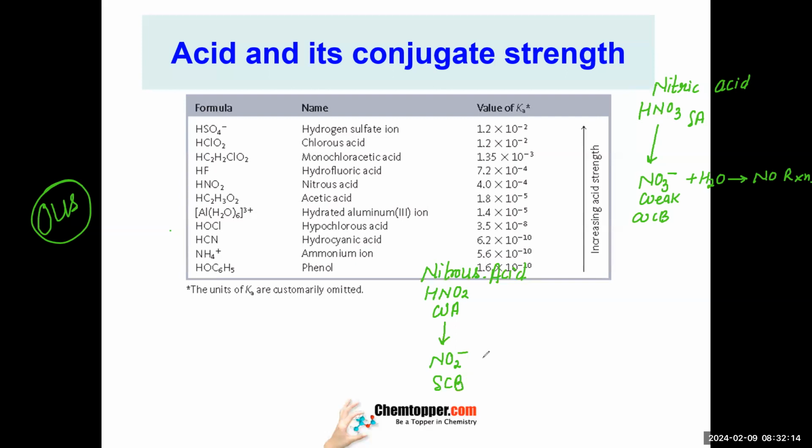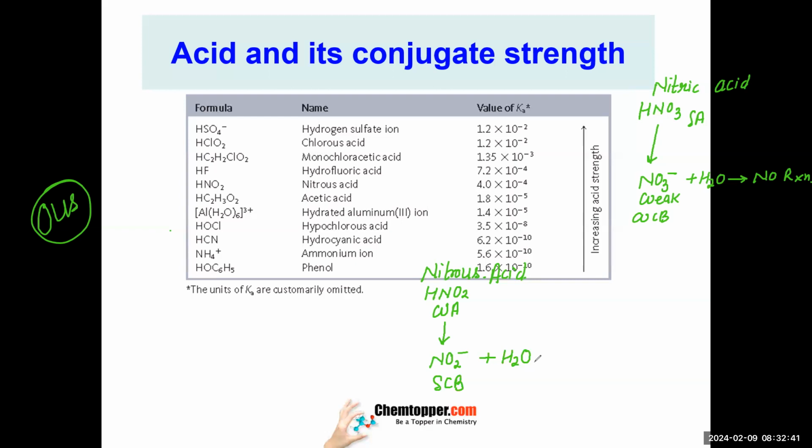This strong conjugate base will react with water. It's stronger than water. Again, I'm repeating: when I say strong conjugate base during this unit, I will be saying it so many times. Please don't take it strong like NaOH, KOH. It's not 100% dissociated. When I say strong conjugate base, it means stronger than water.